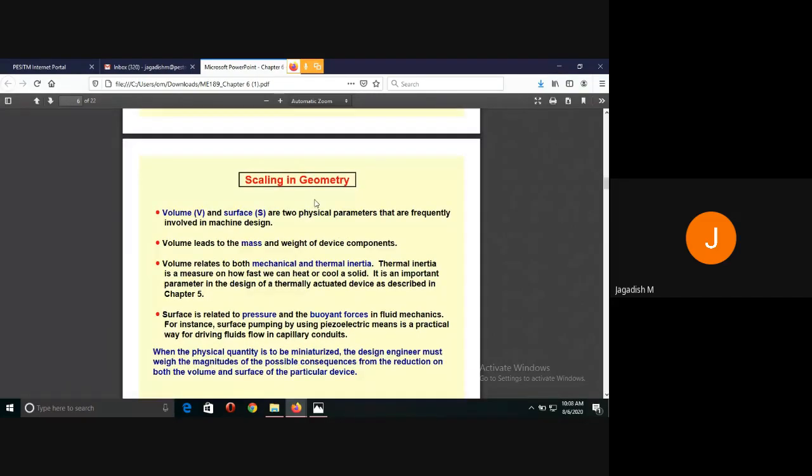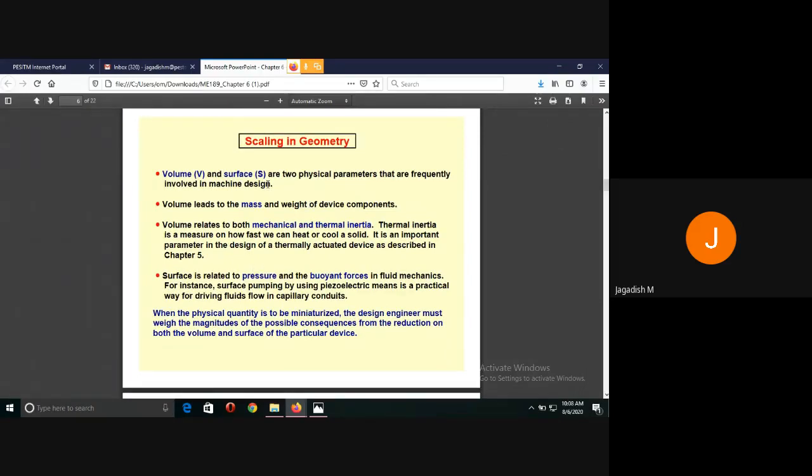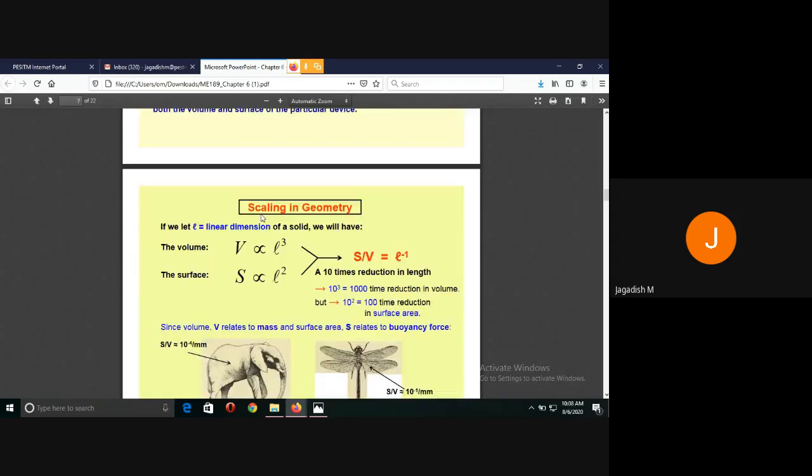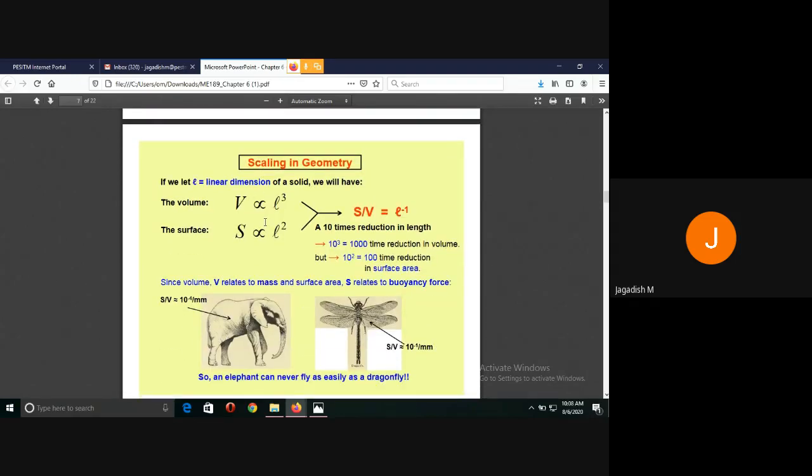Sorry, scaling in geometry. So in geometry, there are important parameters. One is the volume represented by V, the surface represented by S, and the mass represented by M. Okay. So we know that if L is the linear dimension of a solid, volume is equal to L cube, correct?